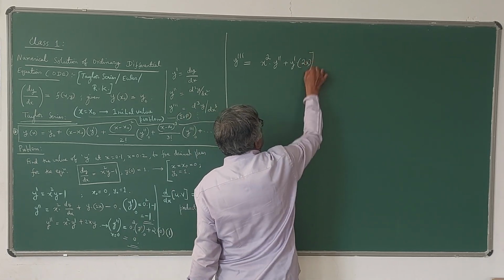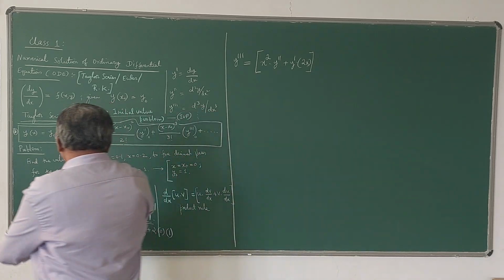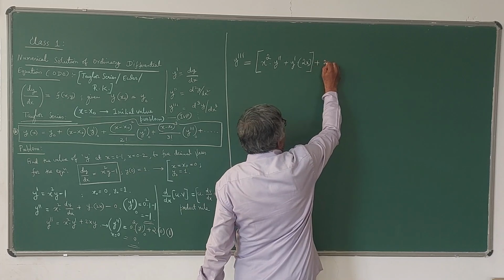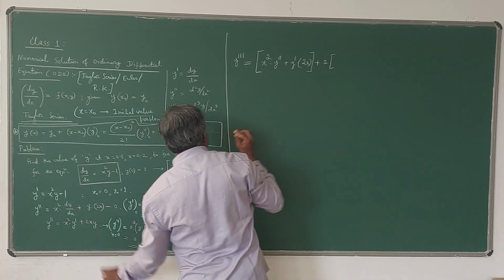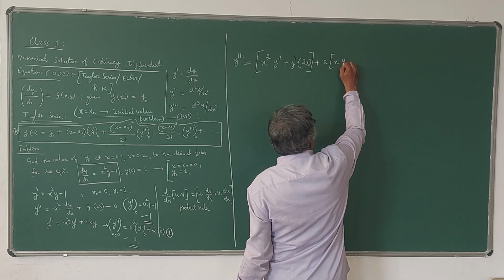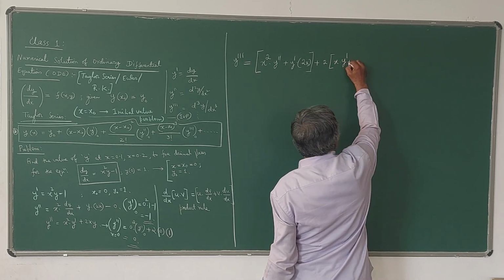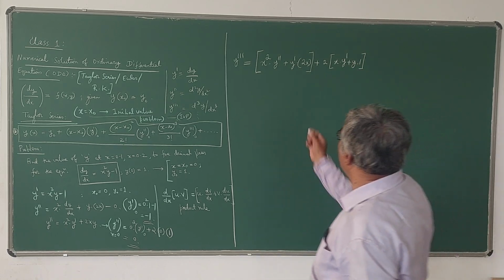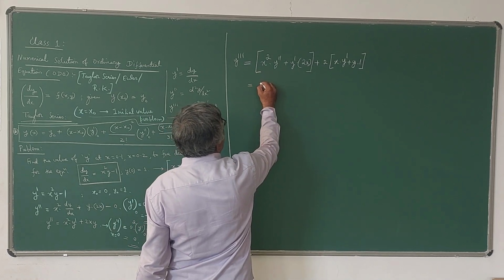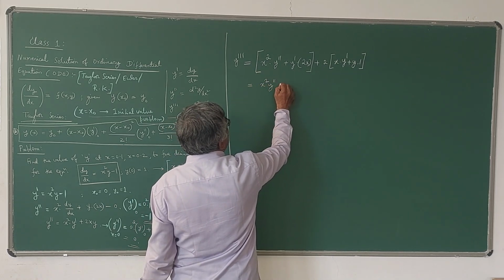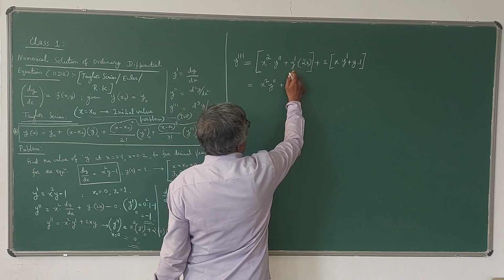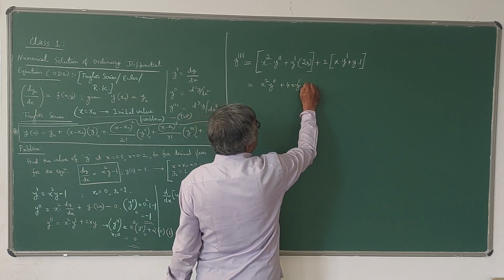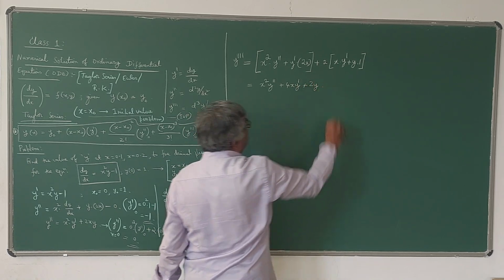So please note that this is the derivative of x square into y dash, plus 2 is a constant into derivative of x into y, which will be: first function is x, derivative of y will be y dash, plus second function is y, derivative of x is 1. So this is what is the thing. Now if you rearrange the terms, this is x square y double dash plus 2x y dash plus 2x y dash is 4x y dash, plus 2 into y. This is what you will get.